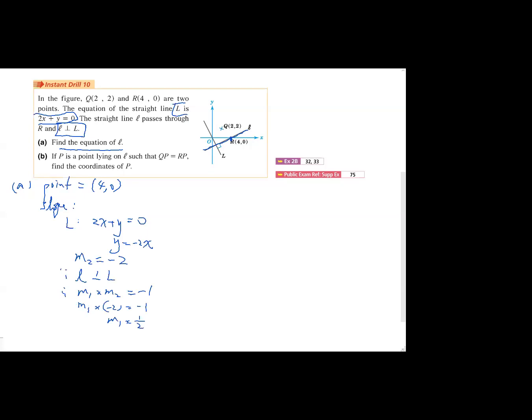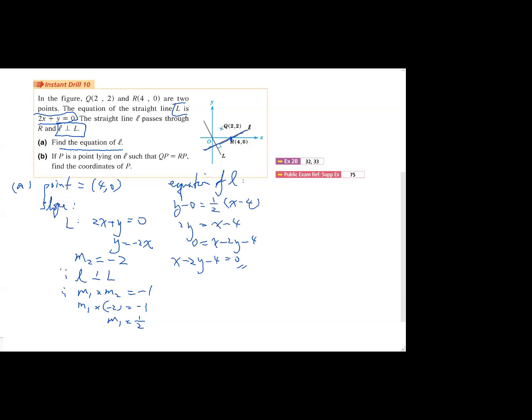And then we can write down the equation of small l to answer the question. Will be y minus y1 equals m times x minus x1. Okay, so 2y is equal to x minus 4, then x minus 2y minus 4 is equal to 0. So that is part A.